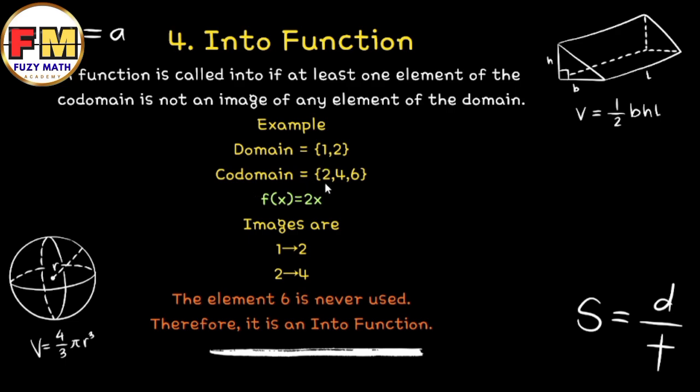Codomain is equal to {2, 4, 6}. f(x) is 2x. Images are 1 goes to 2, 2 goes to 4. The element 6 is never used. Therefore, it is an into function.